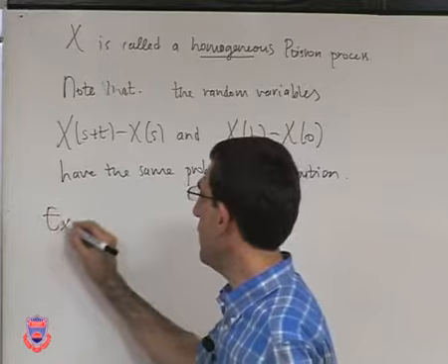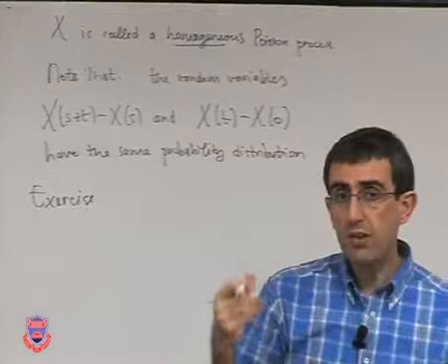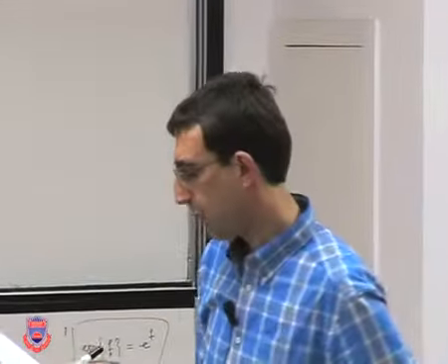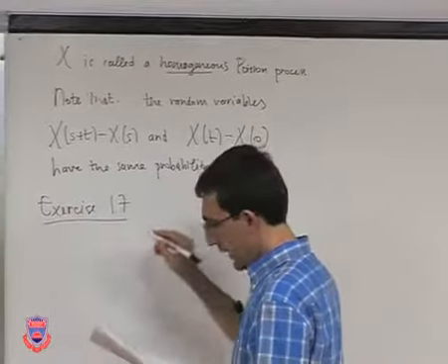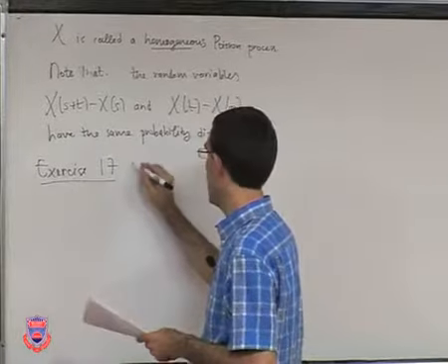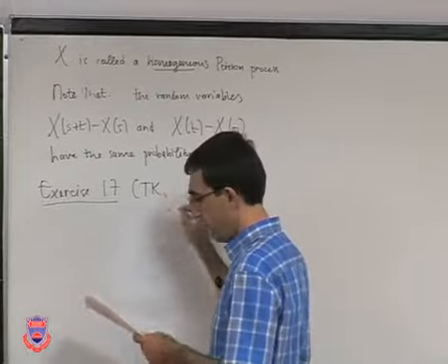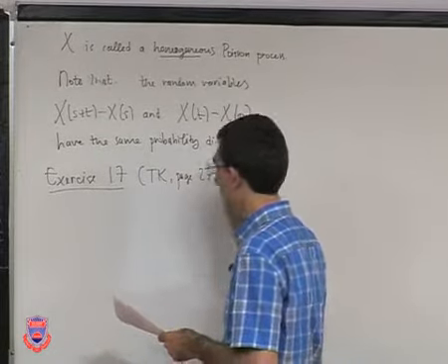Let's look at a couple of examples to illustrate how these two simple defining properties of the Poisson process help solve problems. This is exercise 1.7 from the new chapter of your textbook, on page 275.